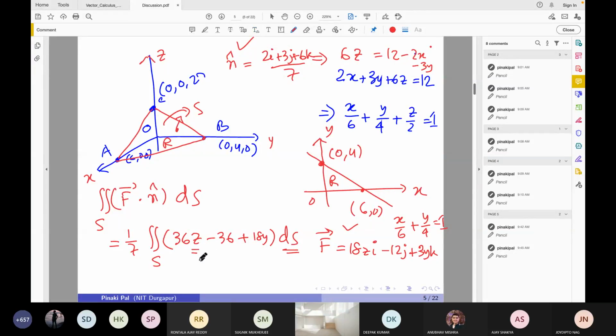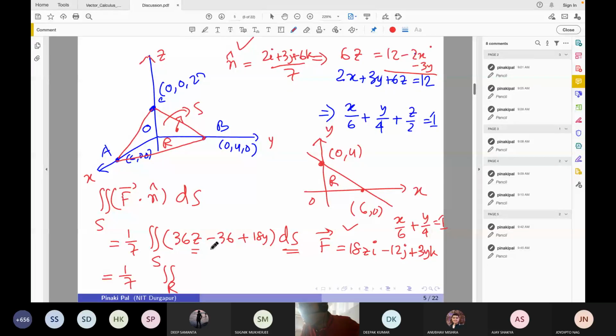The function will be involved, not z equal to 0; we are evaluating it on the XY plane. So we have to use the equation of the surface to replace z: 6z is equal to 12 minus 2x minus 3y. Yeah, 1 by 7, and then we will consider R. R is the projection of S on the xy plane.